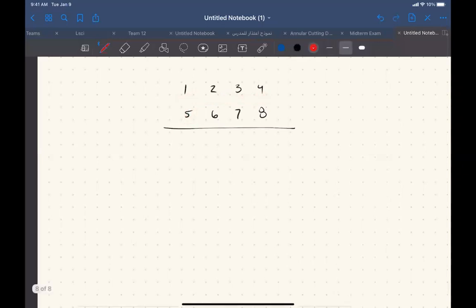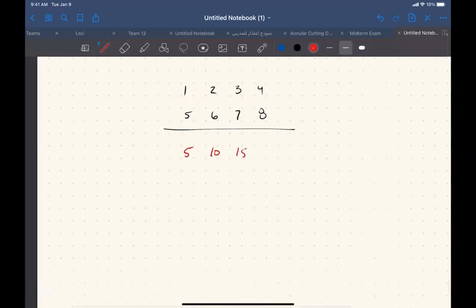So 5 times 1 is 5, 5 times 2, 10, 5 times 3, 15, 5 times 4, 20. Then you take 6 and multiply it by every element, but instead of starting to write here, you write in the second spot. So 6 times 1 is 6, 6 times 2 is 12, 6 times 3 is 18, and 6 times 4 is 24.